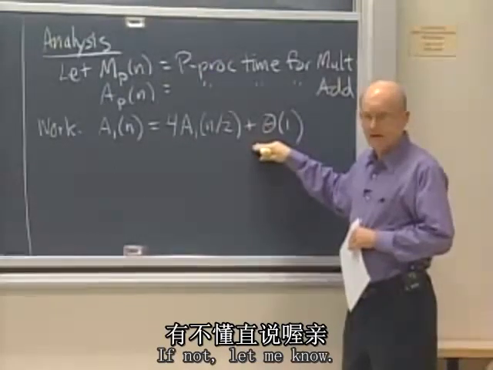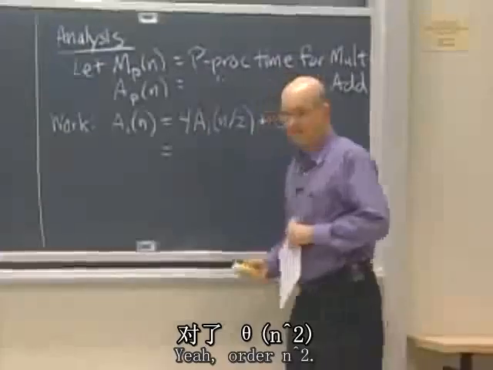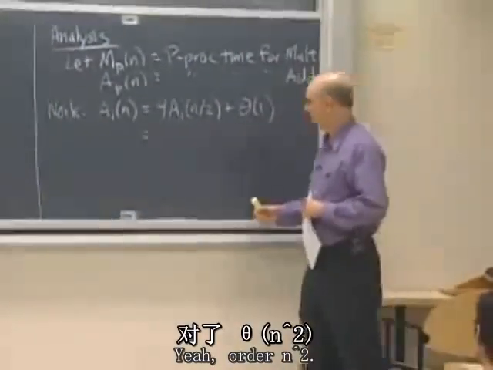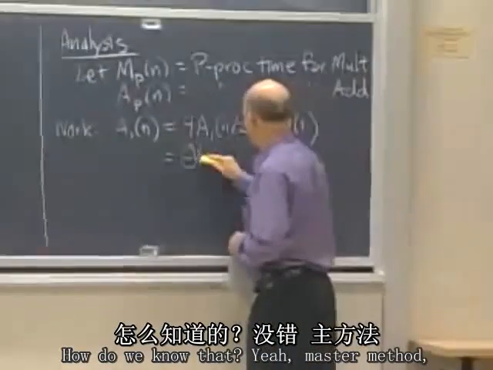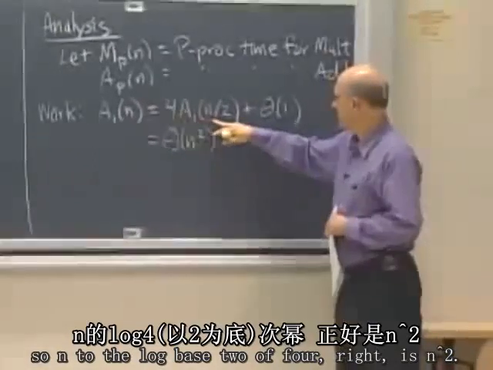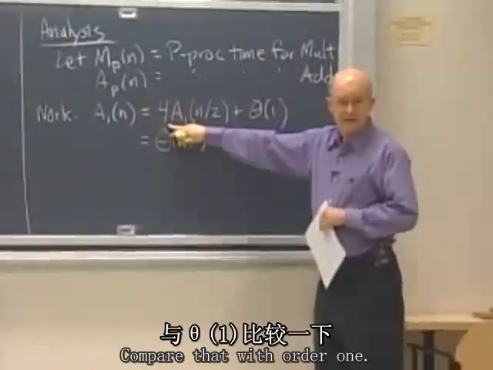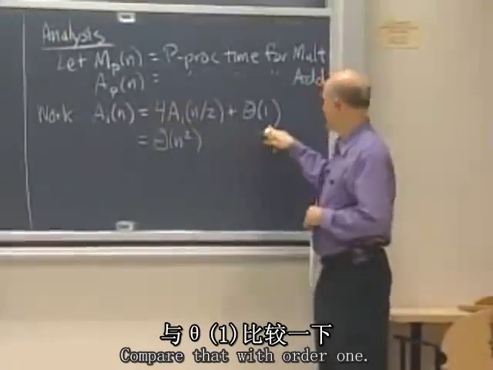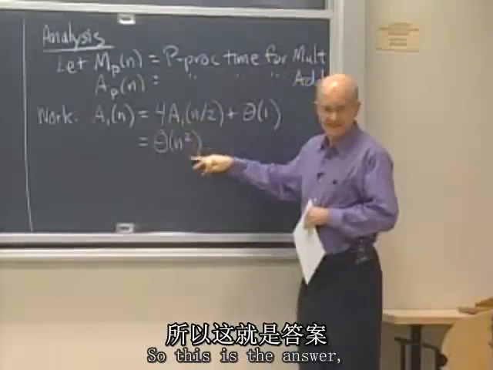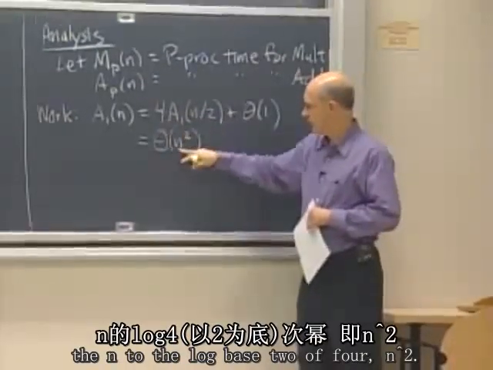Okay, if not, let me know. Okay? And so what's the solution to this recurrence? Yeah, order n squared. How do we know that? Yeah, master method. So n to the log base 2 of 4 is n squared. Compare that with order 1. This polynomially dominates. So this is the answer, n to the log base 2 of 4, n squared.